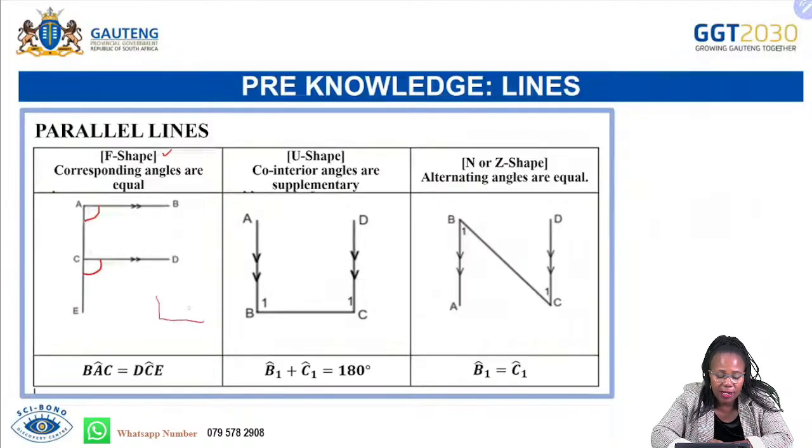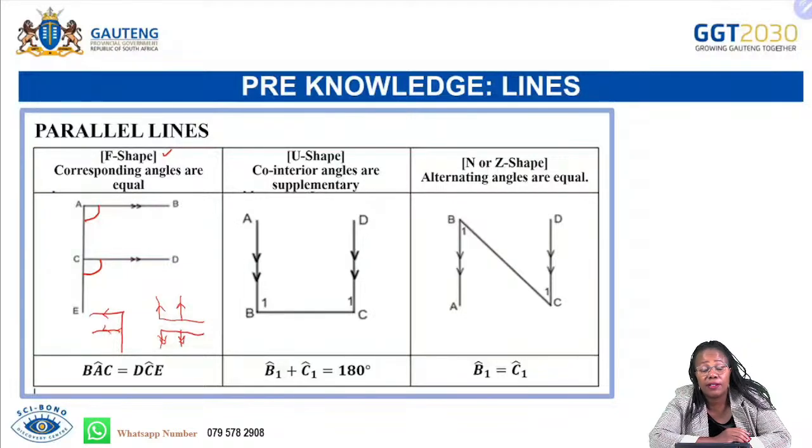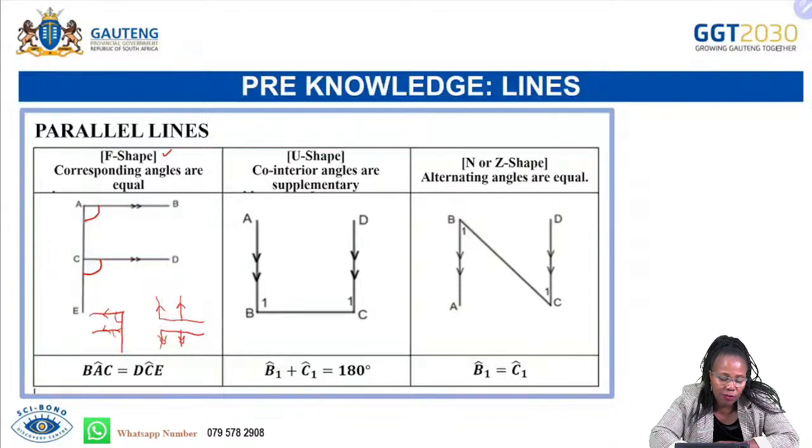It can be in this direction, it can be in that direction, as long as you have parallel lines in between them. It can be an F facing to the left. It doesn't matter in which direction your F faces. That is where we take the corresponding angles out of the F shape, on condition that you have parallel lines. Therefore, these will be your corresponding angles inside the F shape there.